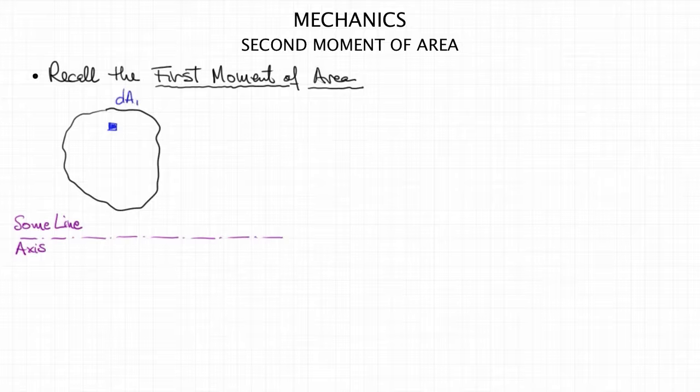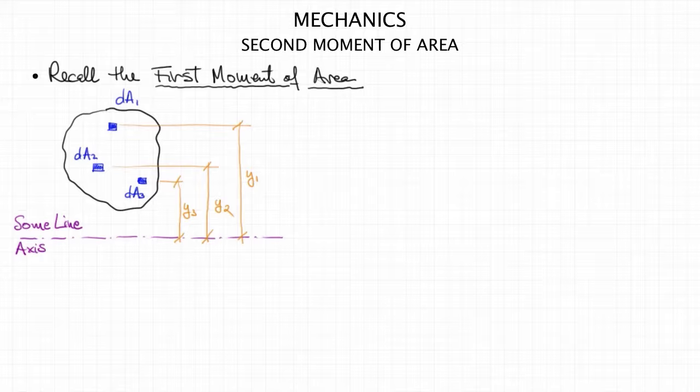And the way we did that was by dividing the area into an infinite number of very, very small elemental elements, dAi, and then we were able to calculate the moments of these areas, so multiply these elemental areas by their moment arms with regard to the arbitrary axis that we selected, yi.